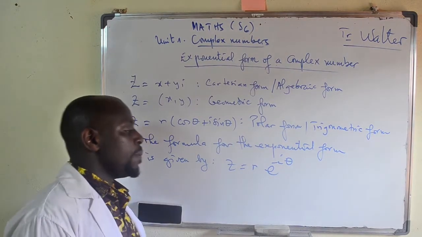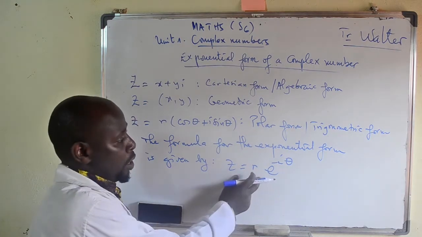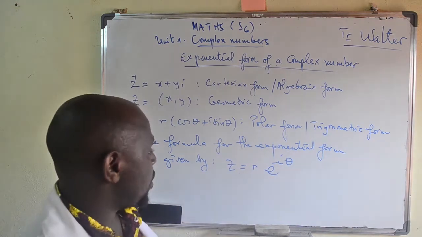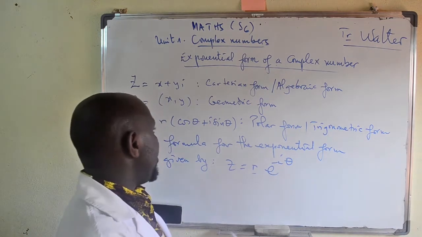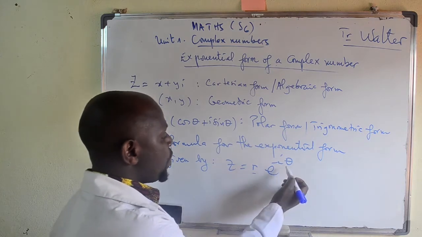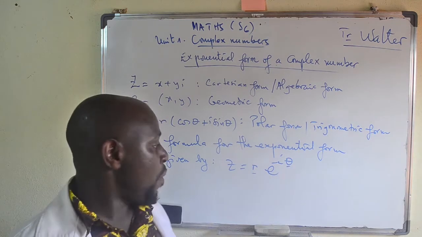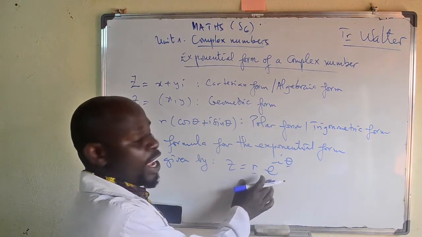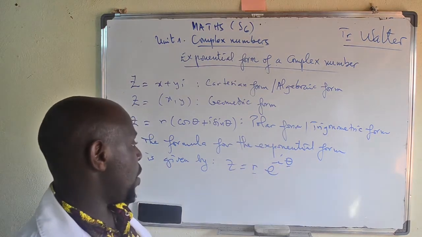So, ladies and gentlemen, what do you observe? If we have this exponential form of a complex number, what you need to find is just r, which is the modulus of z, normally found even in the trigonometric form. We also need to find theta, which is the argument. They are found in the same way, but what you just do is put them in this final form, and this is the exponential form of a complex number.